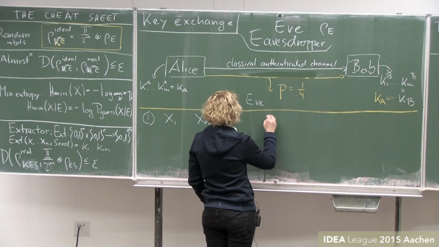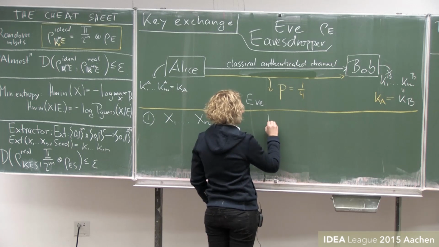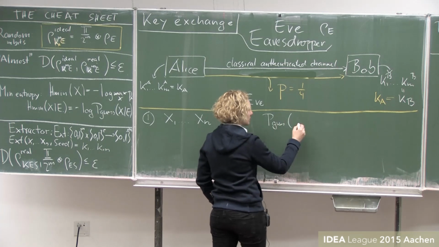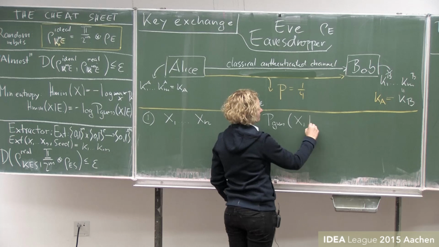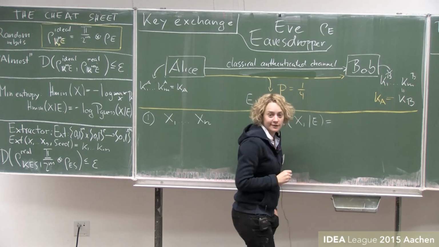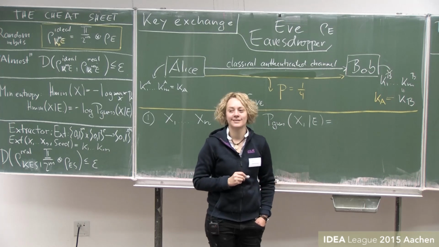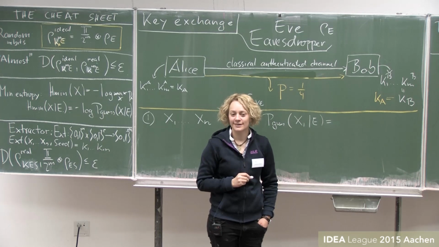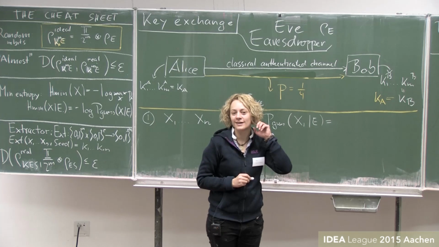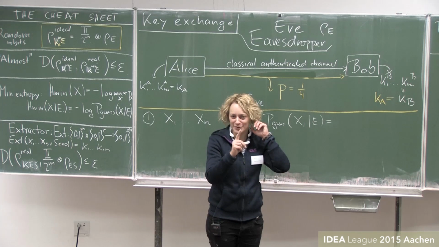So can someone tell me what is the probability that Eve manages to guess just one of the bits? Let me say the first bit maybe. Just a guess would be 1 over 2. If it was just a random guess, it would be 1 over 2.